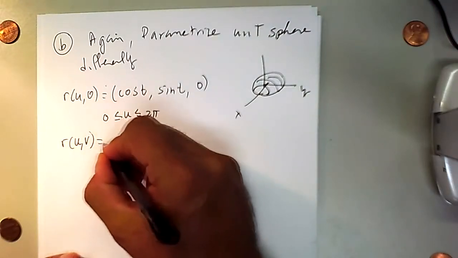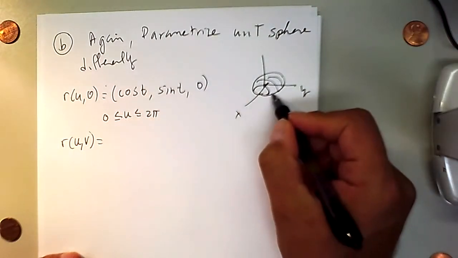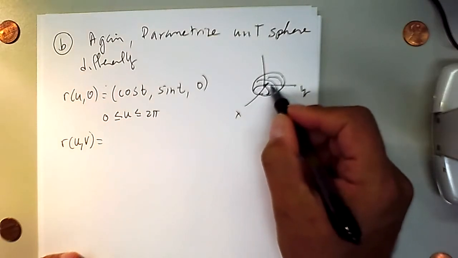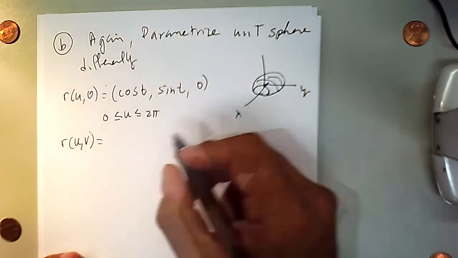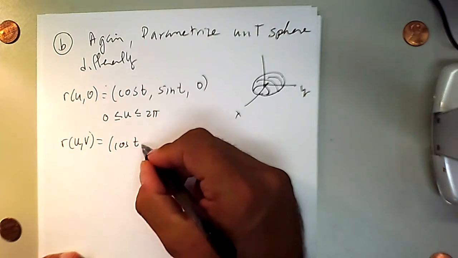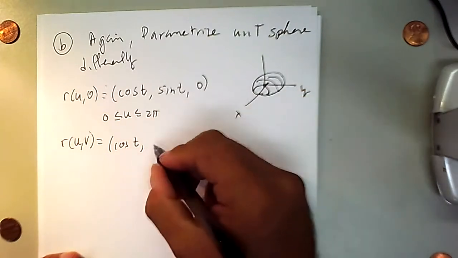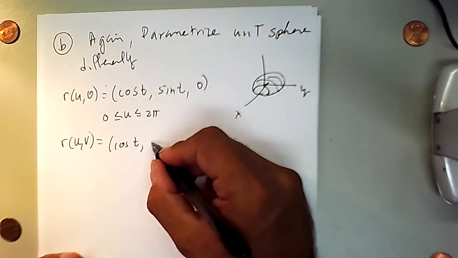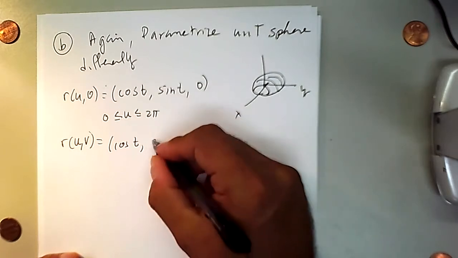Okay, so now we're going to take each one of those points as we did earlier and rotate them around the x-axis. So we're going to have cosine of u, that has to stay, that's the x value, and then sine of u.